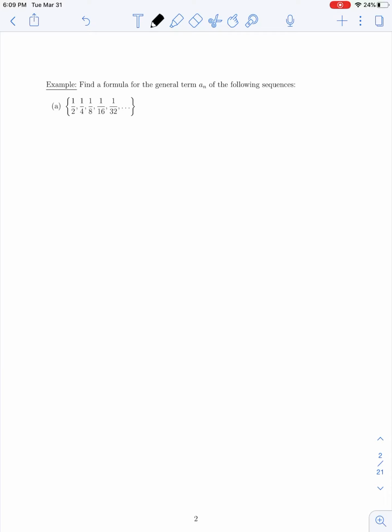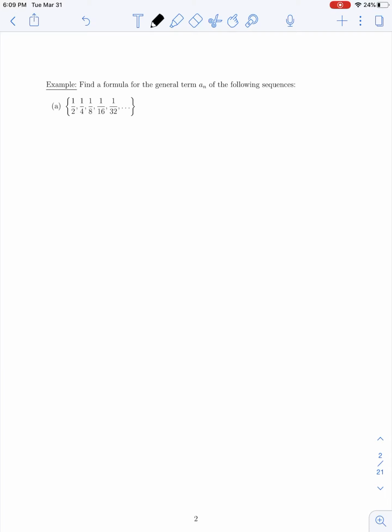And so here we are given the first several terms of a sequence, and we're asked to find a formula for the general term a sub n of that sequence. So in this first example, part A, the first several terms of our sequence are 1/2, 1/4, 1/8, 1/16, 1/32, and so on.